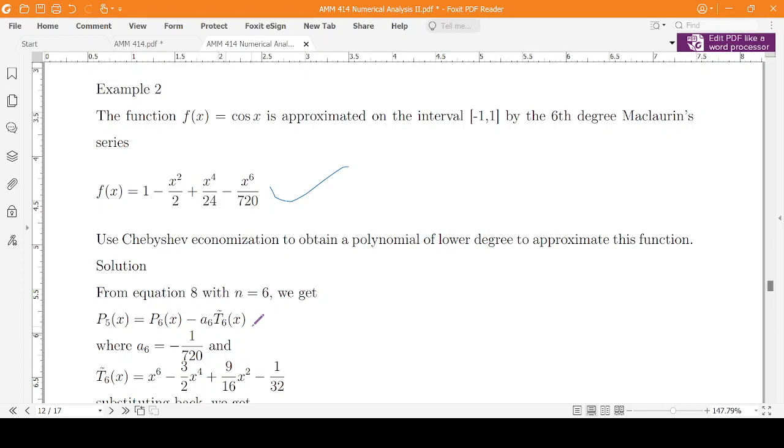Now, A6 is the coefficient of x power 6 here. So A6 will be minus 1 over 720. P6 is this polynomial here.